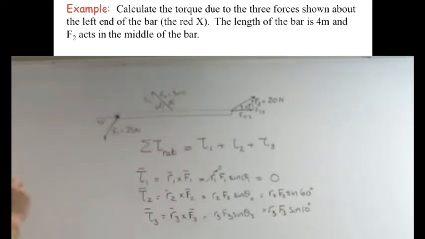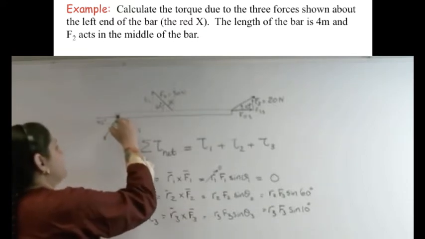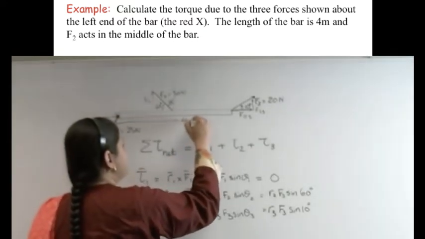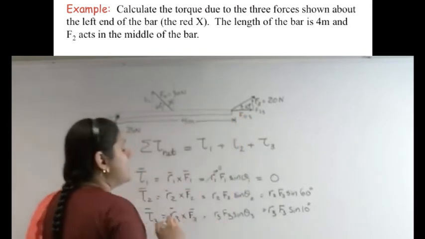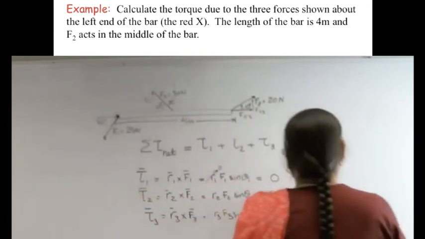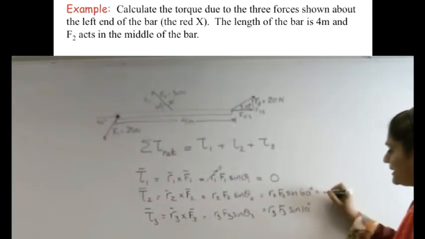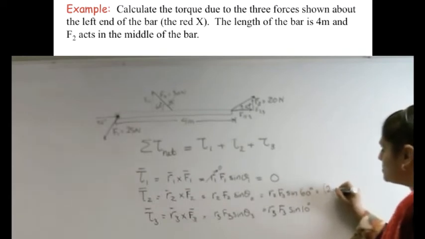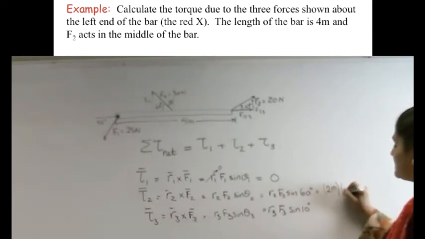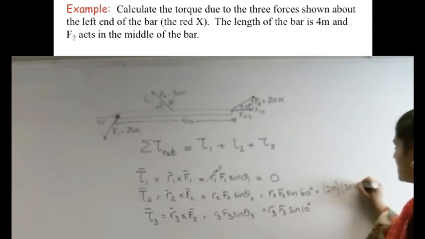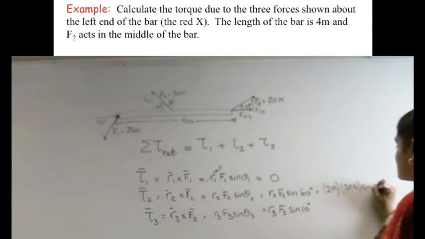Okay, now let's plug in numbers. Since I know that my total length is 4 meters, R2 will be half of 4 meters, so R2 should be 2 meters, and F2 is 30 newtons, and sine of 60 degrees.